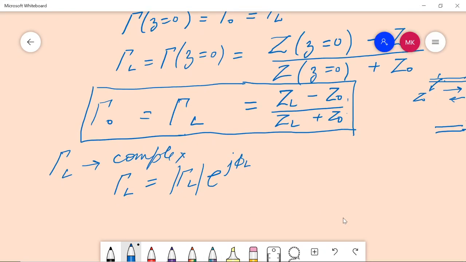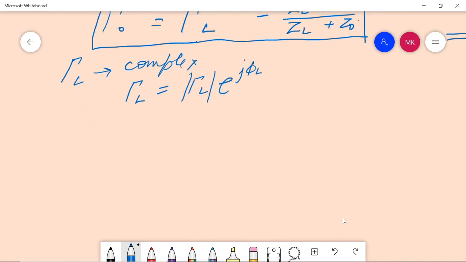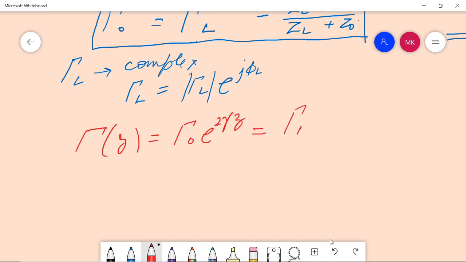Now next, you want to find the reflection coefficient at different values of Z. We know that gamma Z is given by gamma naught e to the power 2 gamma z. Now here, because gamma naught is the same as gamma L, it can be written as gamma L e to the power 2 gamma z.